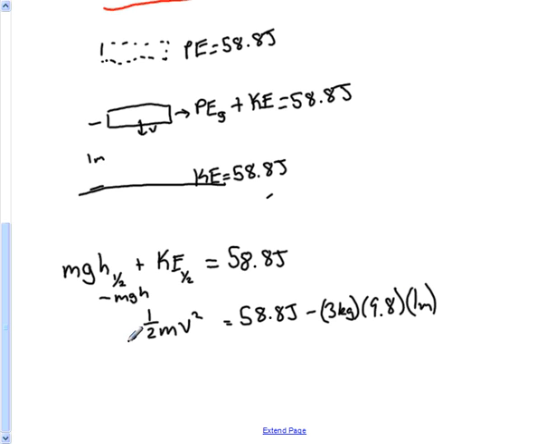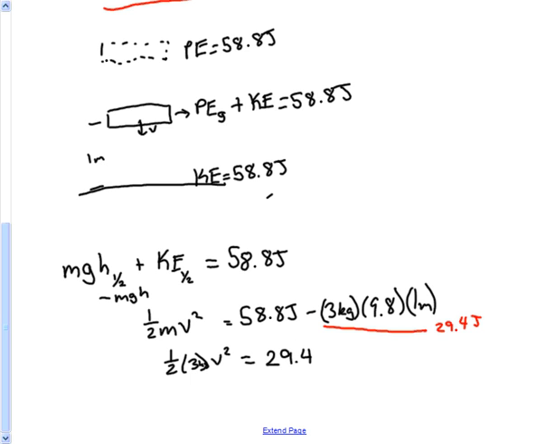All right, and we're still looking for velocity, so that is giving us 1/2 times 3 times velocity squared. This is 3 kilograms, by the way. Okay, equals this all right here. If you plug that into your calculator, it gives you 29.4 joules. So 58.8 joules minus 29.4 joules actually gives us 29.4 joules.